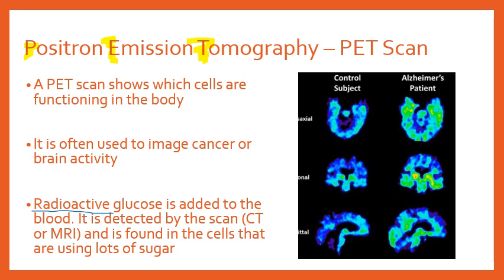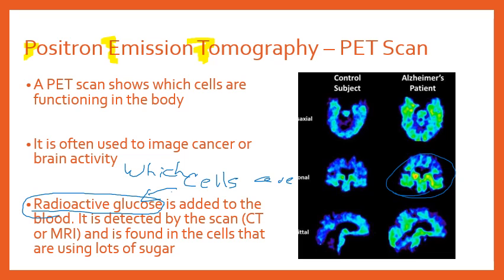So we put a special type of glucose, sugar, inside of their blood, and it's slightly radioactive, not that it's going to hurt you, but that it shows up when you take a CT or an MRI scan. And then what ends up happening is you see the areas light up on the scan where this glucose is being processed.